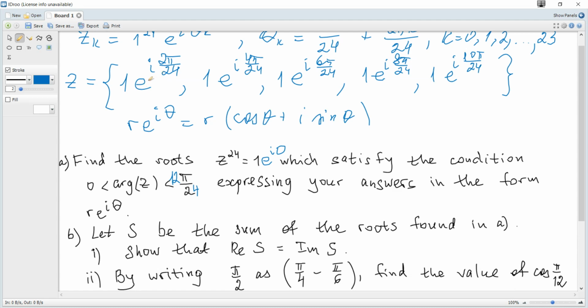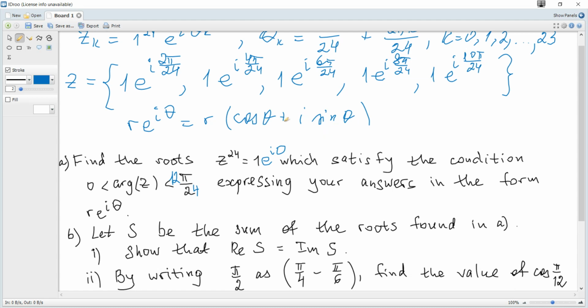Modulus is 1, and hence it becomes just cosine of pi over 12 plus cosine of 2 pi over 12 plus cosine of 3 pi over 12 plus cosine of 4 pi over 12 plus cosine of 5 pi over 12.